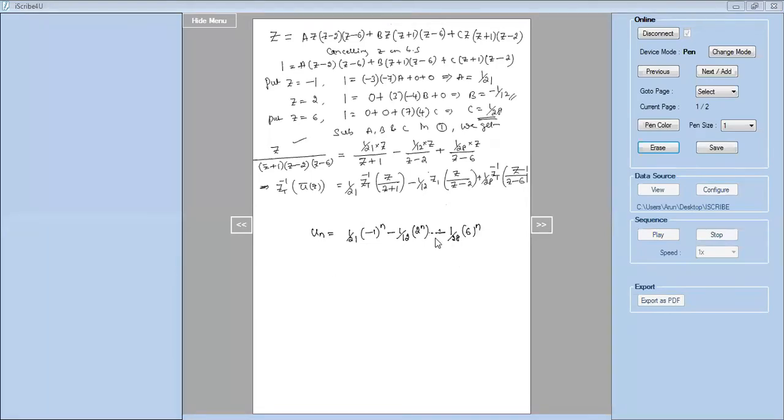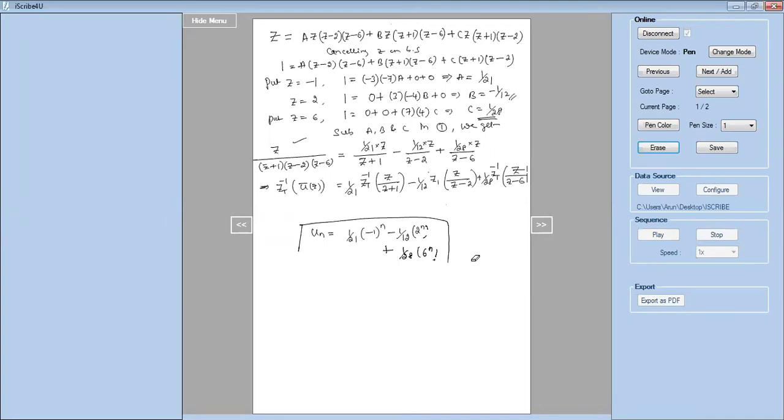I cannot write the vertical line here, so I'll write this term below. Plus 1 by 28 into 6 power n.